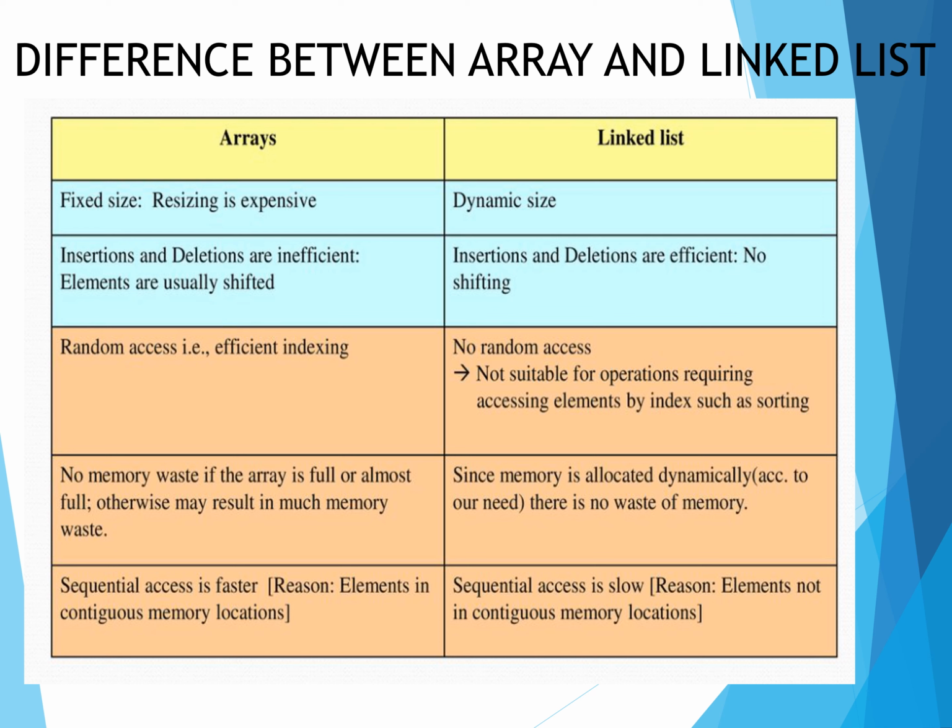But in a linked list, since memory is allocated dynamically, there is no concept of wastage of memory. At runtime, the node is automatically created, so no wastage happens in a linked list.